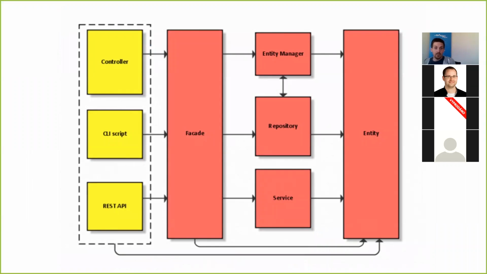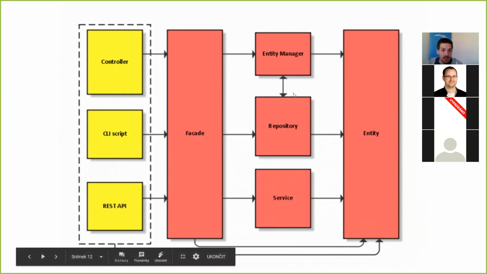Now, this is a different view. This is not how the classes are structured in the project, but this is actually an overview of the architecture from the layers point of view.